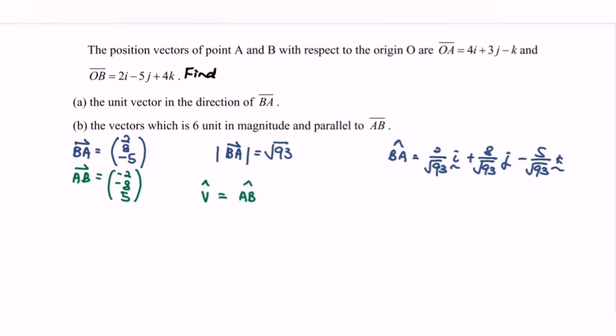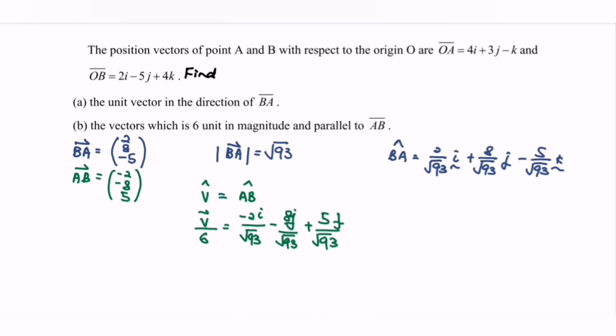So from here, kindly refer to the unit vector, where we have the vector V over 6 equals to the vector AB over the magnitude of vector AB. So we will have negative 2i over the square root of 93 minus 8j over the square root of 93 plus 5k over the square root of 93.